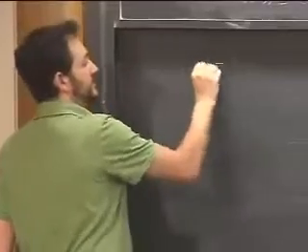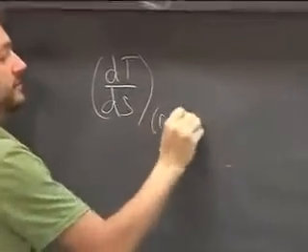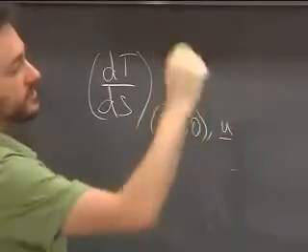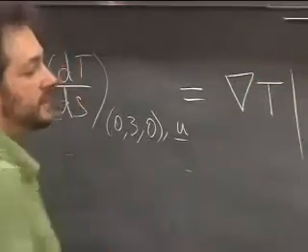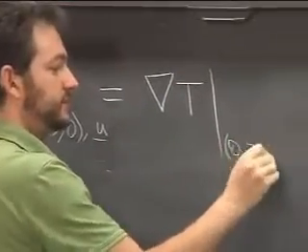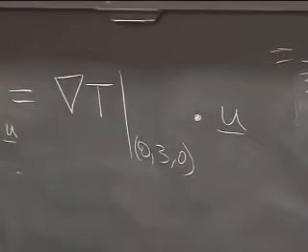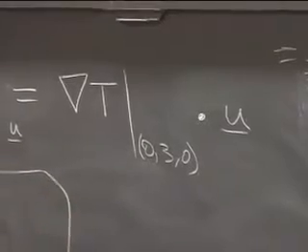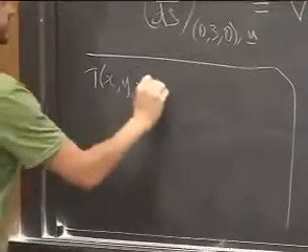Let's just compute this. dt ds, again, at 0, 3, 0, u, where u is that vector up there, is equal to the del t at 0, 3, 0 dot u. So we're going to need to find del t. Let me rewrite this because I can't see up that high and calculate at the same time.